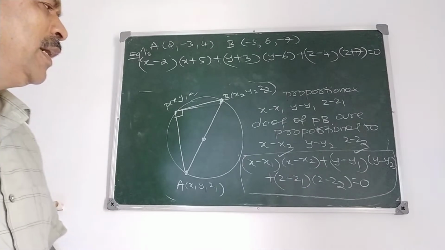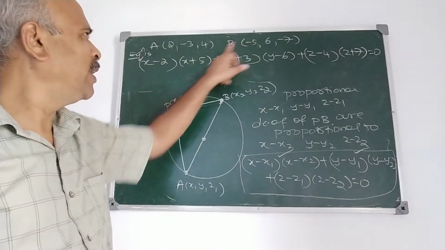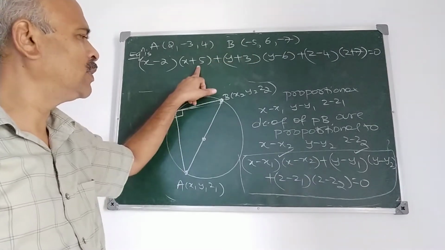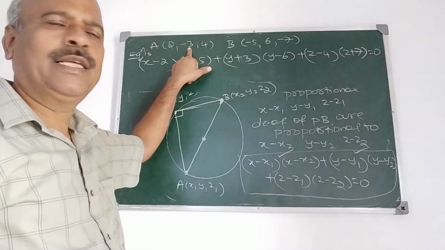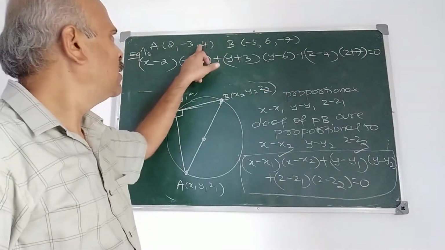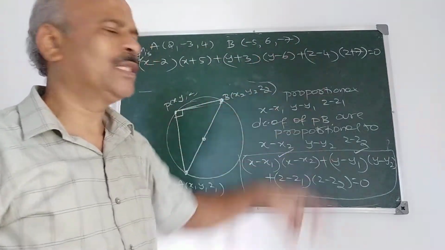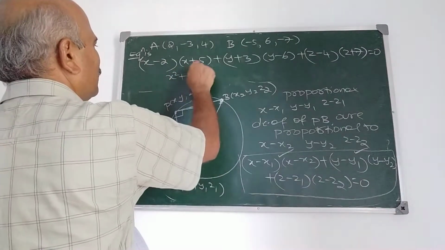How do you apply the formula? (x - x1)(x - x2), with minus of minus 5 giving plus 5; (y - y1), and y + 3 because y1 is -3, into (y - y2); plus (z - 4)(z + 7) = 0. Now simplify this, you will get x² + y² + z².